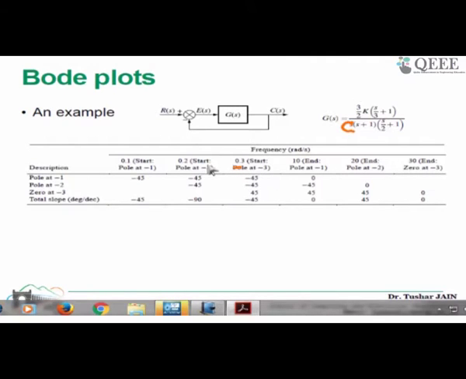We assign a start position, then we assign the end position a decade after. So we start at 0.1, and it will end at this location: from 0.2 to 20, 0.3 to 30. A decade before, a decade after.